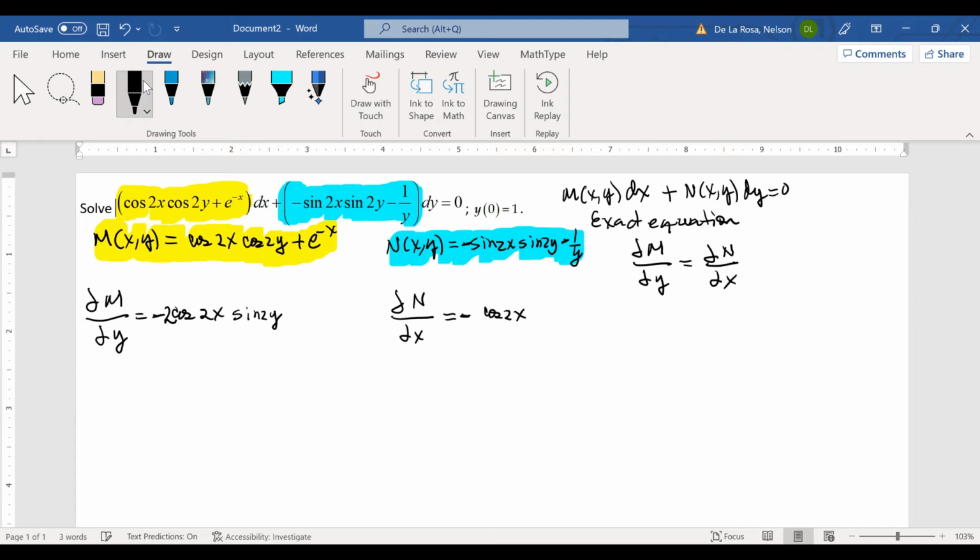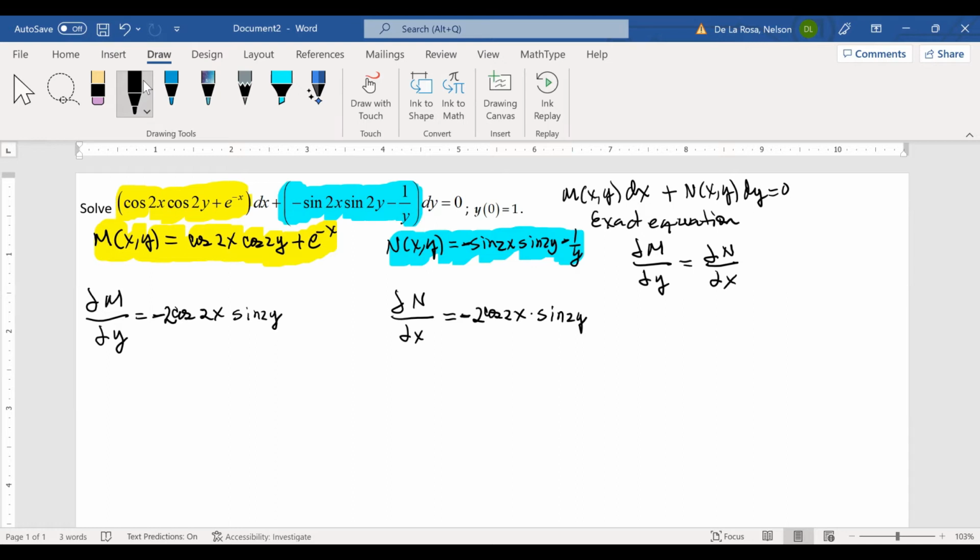Then we find the derivative of the inside of the sine. We need to apply the chain rule. The derivative of 2x is 2, times sine of 2y, because remember, the derivative is on x. And the derivative of negative 1 over y is simply 0, because the derivative is on x, so it's acting like a constant.